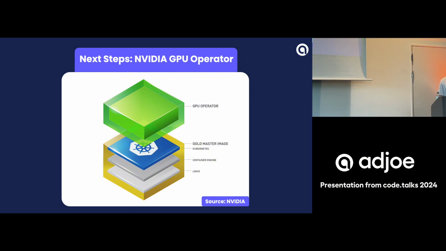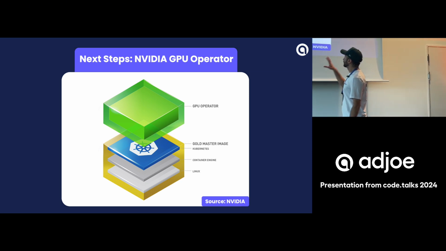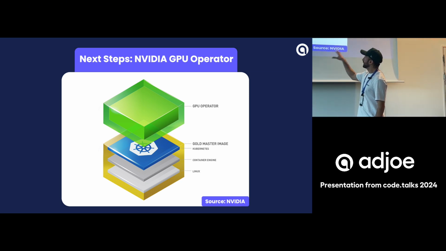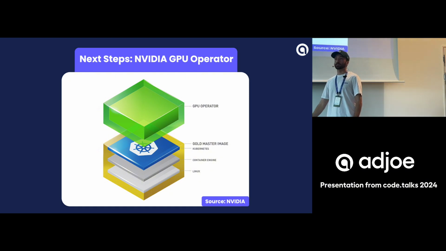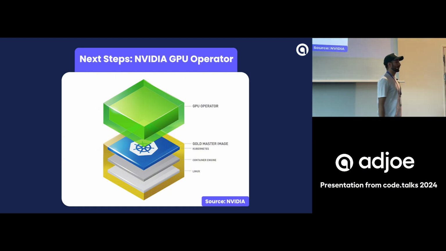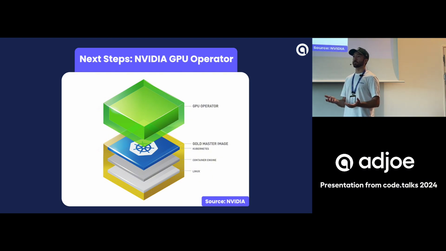Let's talk a little bit about the next steps, what we are looking for next in this environment. So I mentioned that we use EKS optimized AMIs to connect to our EKS cluster. But for the GPU, we had GPU support, meaning that we had something packaged by AWS, and we are using that to be able to run this. There is another way to do this.